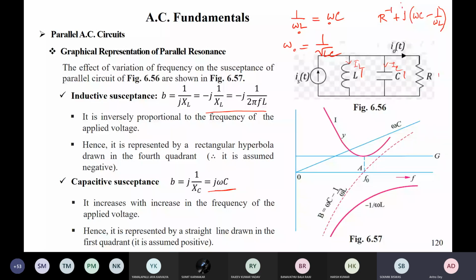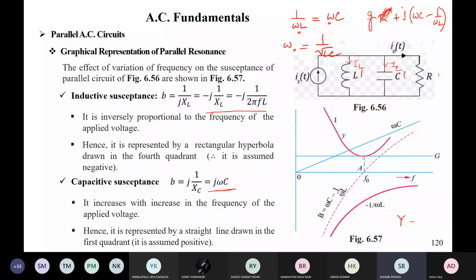If we write it as C there will be confusion. Admittance is denoted by Y usually, susceptance is B, and conductance is G. So it is G plus this. When this is not present, then the admittance will be minimum, and so on. Accordingly you will get your plot like this.